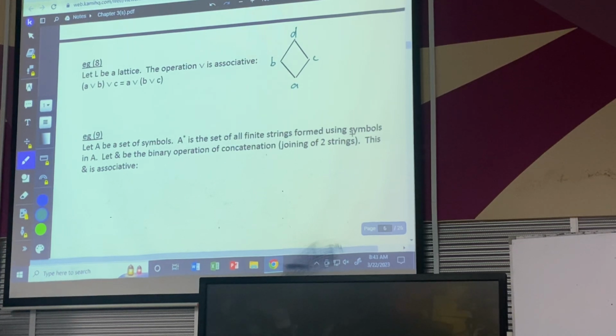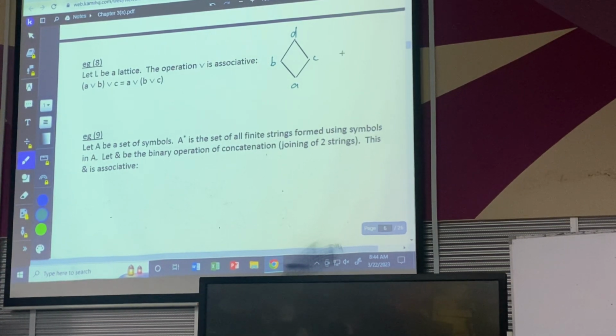Now you find the least upper bound. A and C, least upper bound? C. A and B? B. B and C? Least upper bound, B and C?